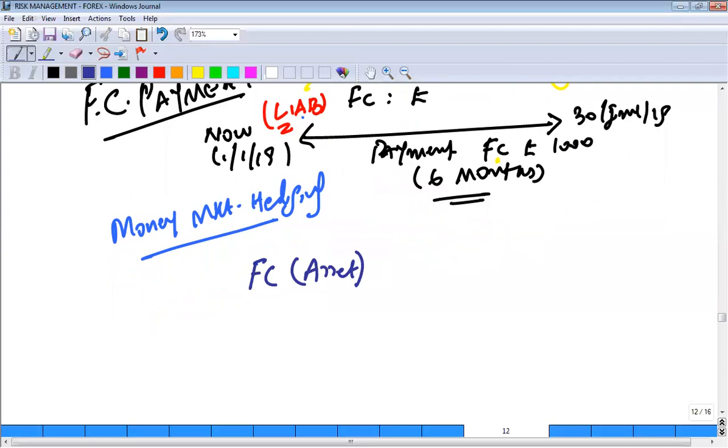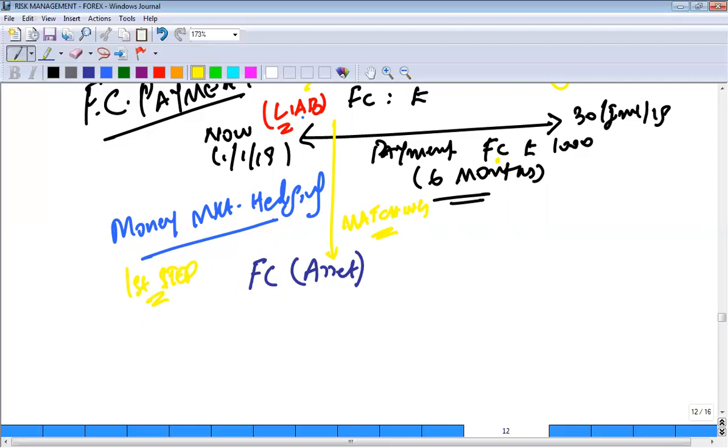In the case of foreign currency payment, we accept that it's a liability that we have to pay some amount after 6 months. So we have to match it. This is matching. We have to develop the foreign currency asset. That is the first step.